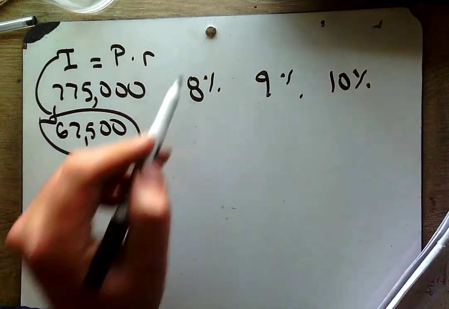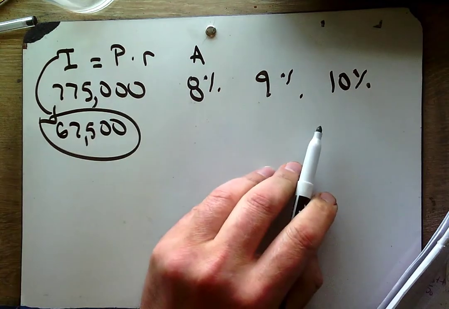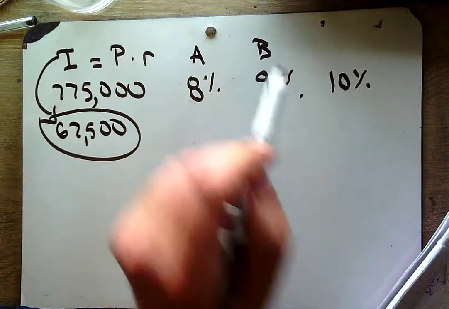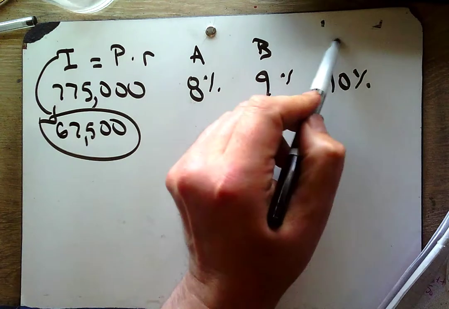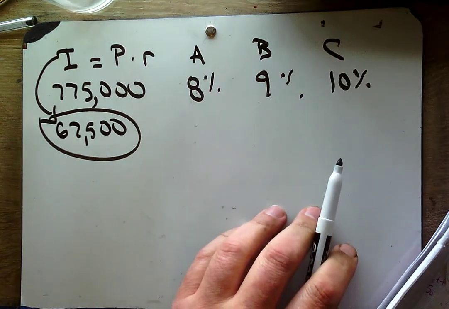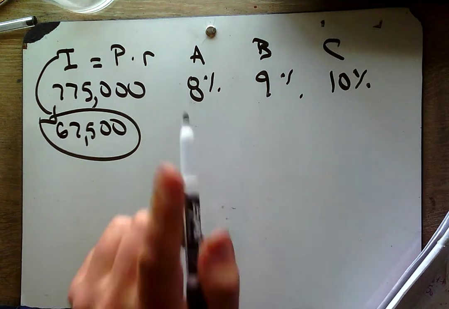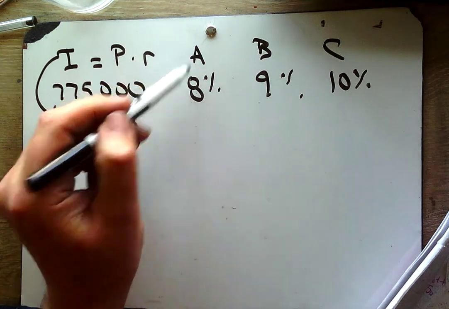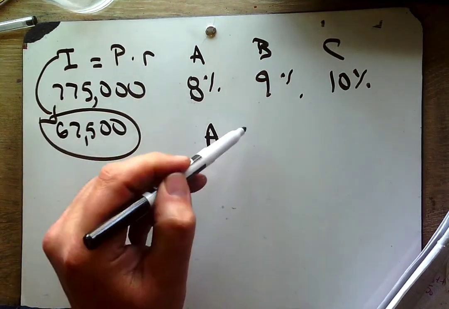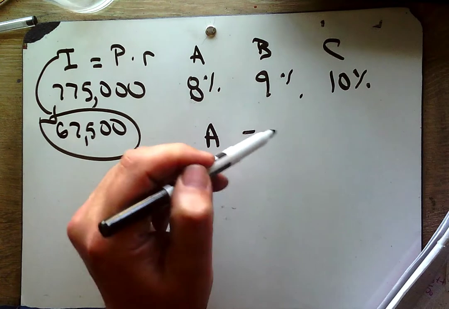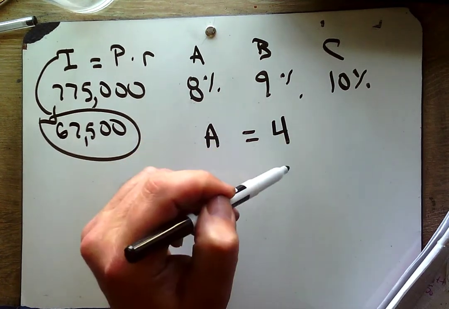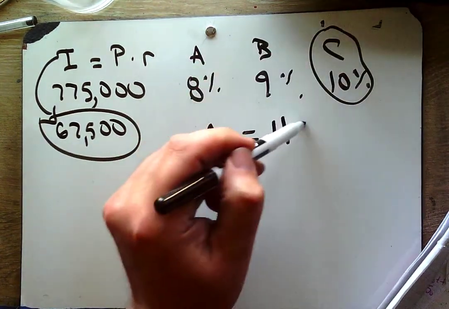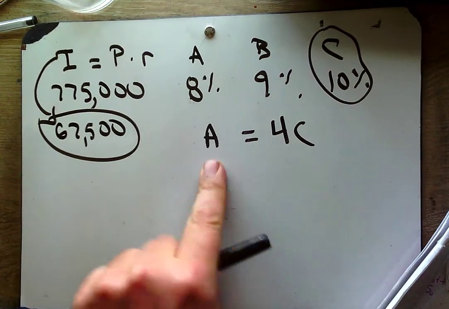So let's say that A is the amount borrowed at 8%, B is the amount borrowed at 9%, and C is the amount borrowed at 10%. What they're telling me here is the amount borrowed at 8%, A, is 4 times the amount borrowed at 10%. And so that's actually my third equation.